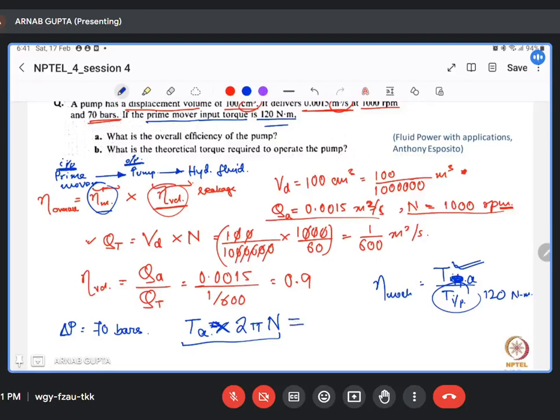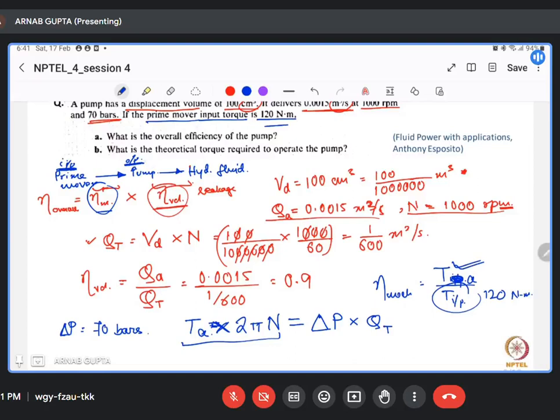So that is equal to the power that is taken up by the hydraulic fluid, right? So delta P multiplied by the Q. What is this Q? This Q is the theoretical Q, that is the theoretical discharge.